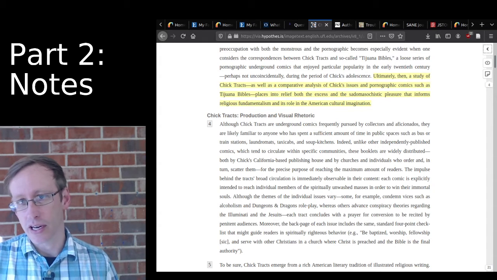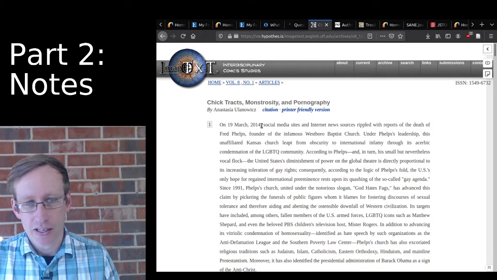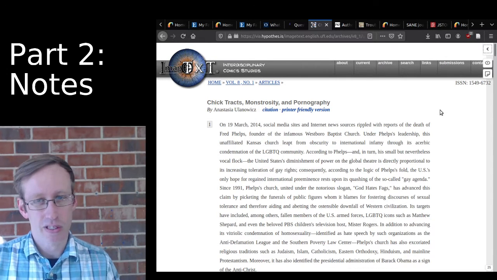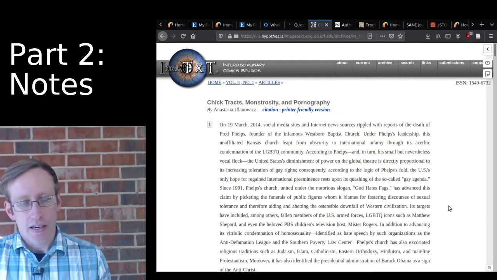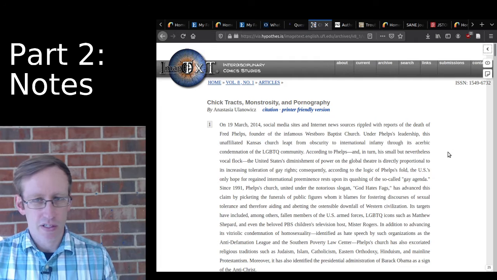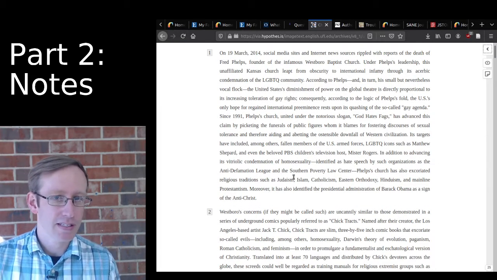It's a really interesting article. I found it, I learned a lot, I was interested in it. Chick tracts are something that I know about and have been interested in for a while. I grew up in the South, so I certainly saw them around, and my friends and I would enjoy looking at them and making fun of them often. I've read a couple books about chick tracts.